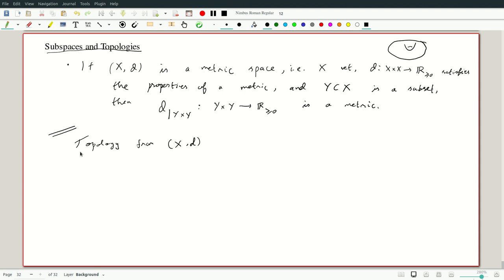And we know how to define topologies. We know the efficient way is to define a basis. And we'll define a basis.